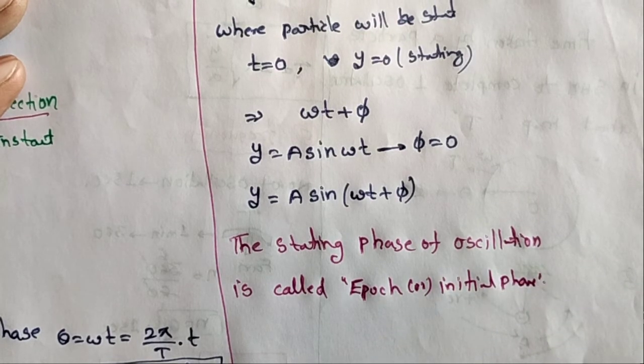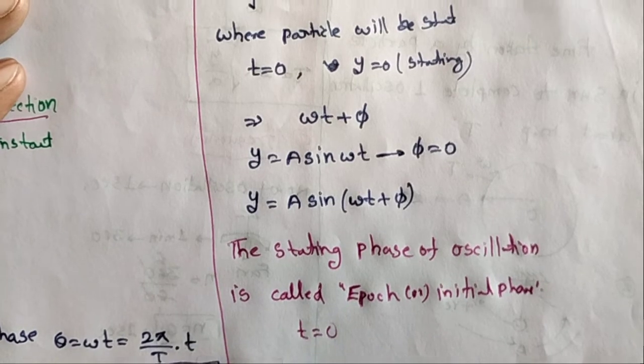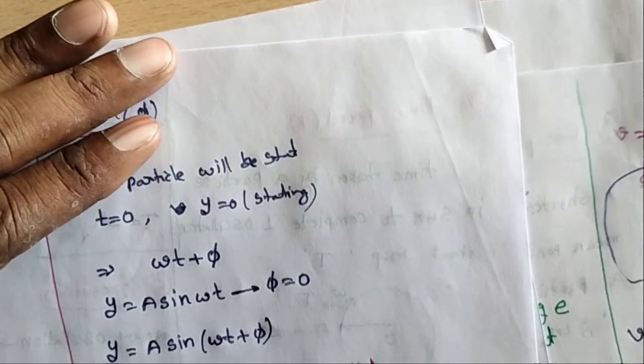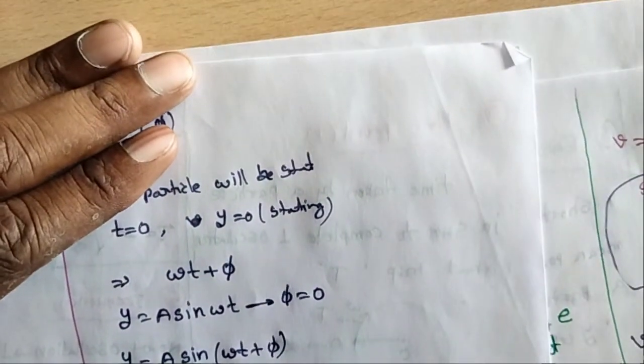The starting point is not always equal to the mean position. The particle is not always at the mean position. For example, here I am taking two examples.